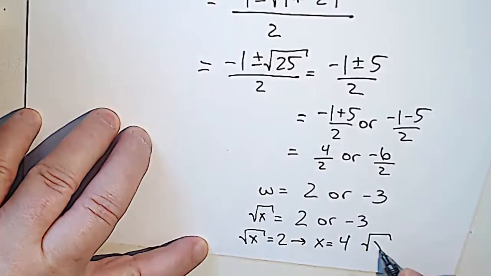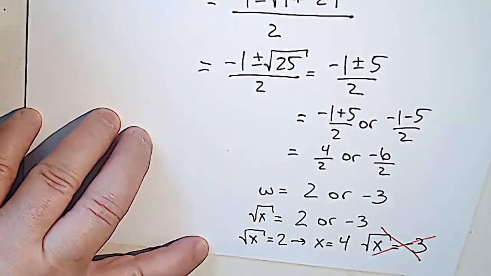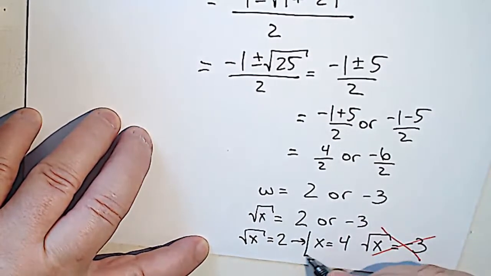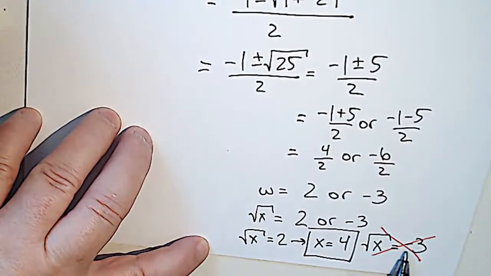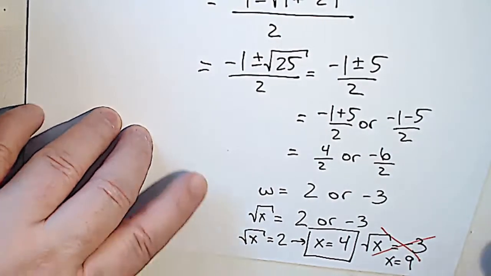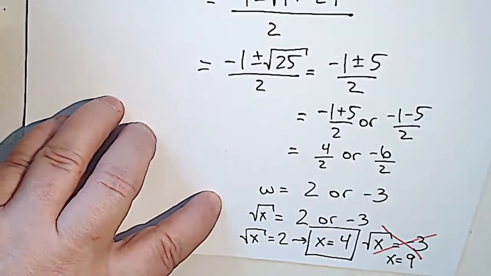If radical x equals -3, that can't happen. Now, if radical x equals -3, then x should be 9, right? So let's look what happens when x equals 4 and x equals 9. X can't be 9, though. It's crossed out. Let's go back up here.